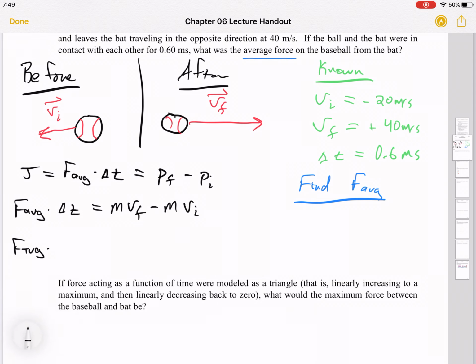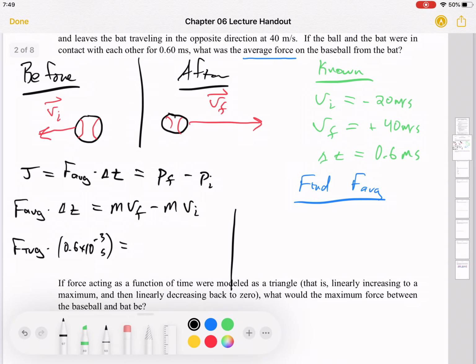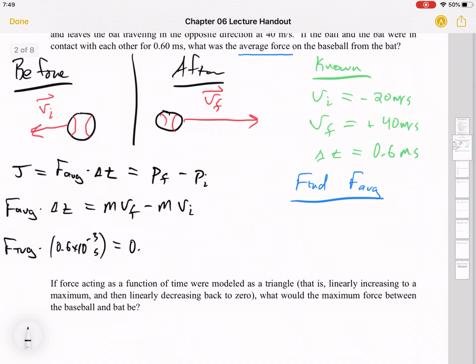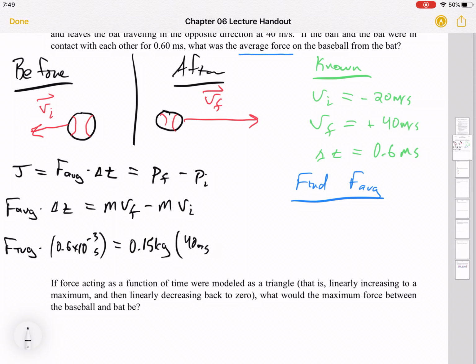So 0.6 times 10 to the minus 3 seconds equals the mass, which I think is 150 grams, so 0.15 kilograms so that we're in SI units, times V final, 40 meters per second, minus 0.15 kilograms times minus 20 meters per second.